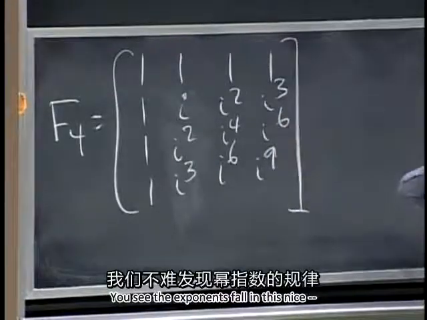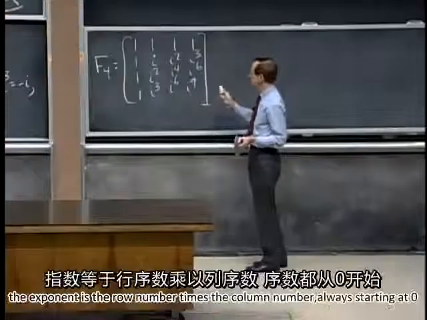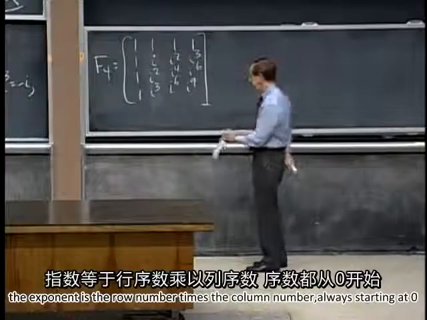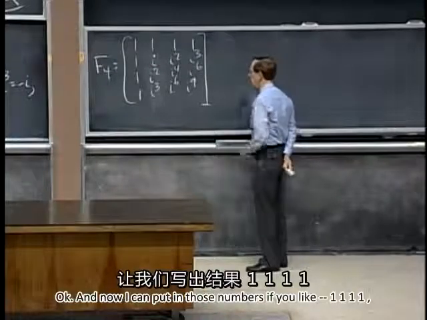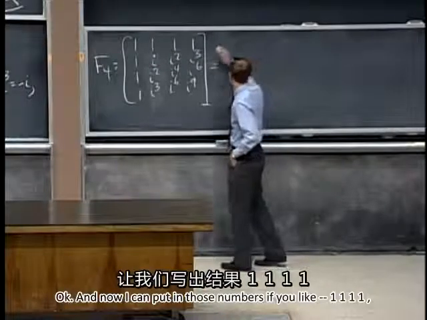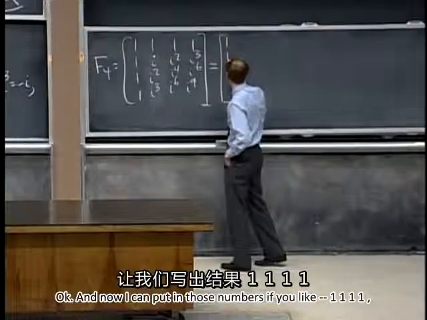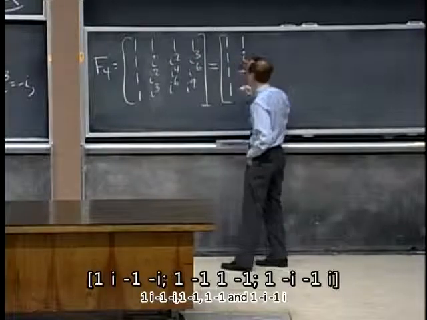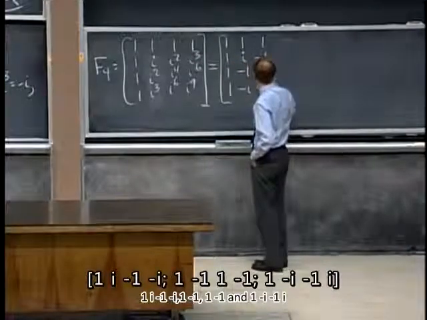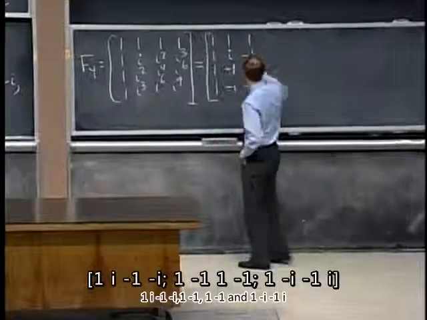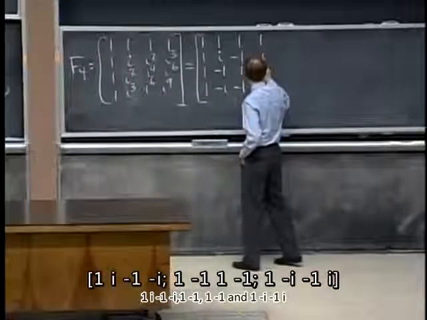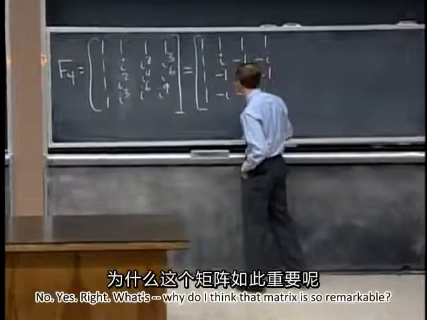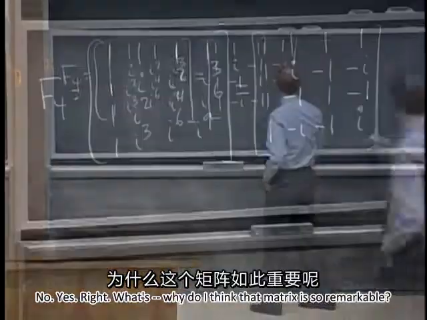You see the exponents fall in this nice pattern? The exponent is the row number times the column number, always starting at 0. Okay. And now I can put in those numbers if you like. 1, 1, 1, 1, 1, i, minus 1, minus i, 1, minus 1, 1, minus 1, and 1, minus i, minus 1, i. Right.